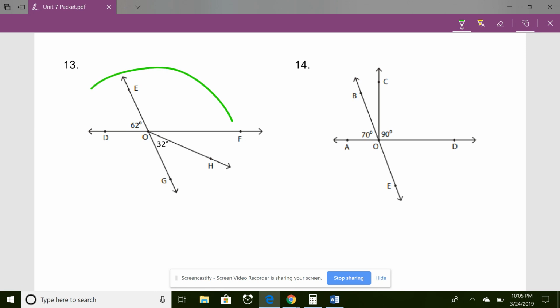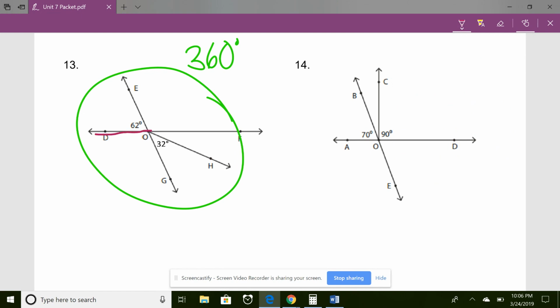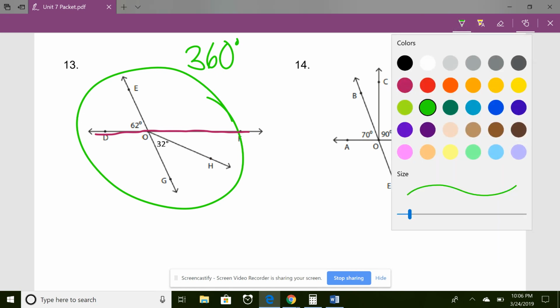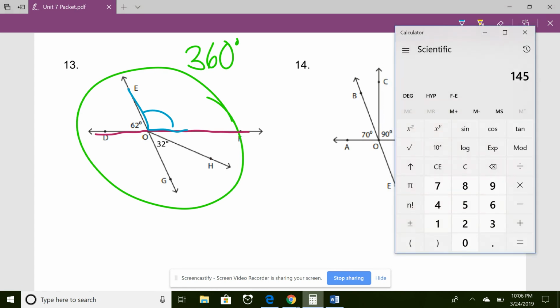We know, first of all, all of these angles are going to add up to 360 degrees. So at the end, they should all add up to 360. Now, we have a straight line right here. Remember, a straight line is 180 degrees. So to figure out what this angle EOF is right here, we have to take 180 minus 62, which is 118 degrees.